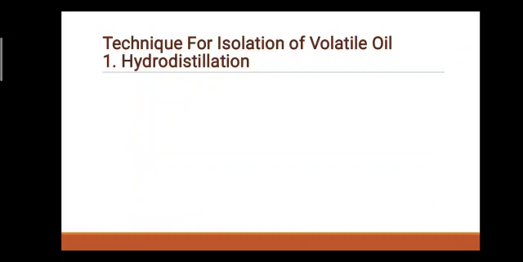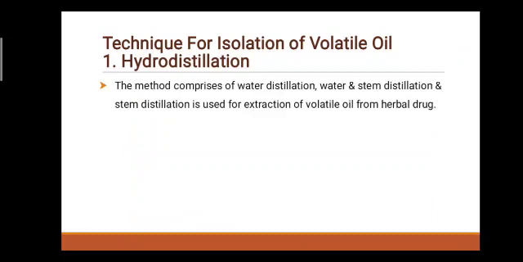Then next point, techniques for isolation of volatile oil. In that, first technique, hydrodistillation. The method comprises water distillation, water and steam distillation, and steam distillation, and is used for extraction of volatile oil from herbal drugs.